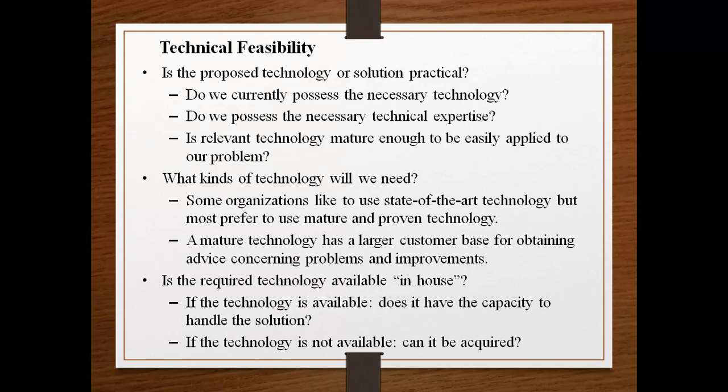A graduate or PG is improving themselves, so at that time they might know the Fortran language, but knowing and actually working on it is very different. So the capacity is also very important to handle the solution. If the technology is not available, can it be acquired? Means if you don't have the technology, can you get it from some other person or other resources? Again, that cost has to be calculated.